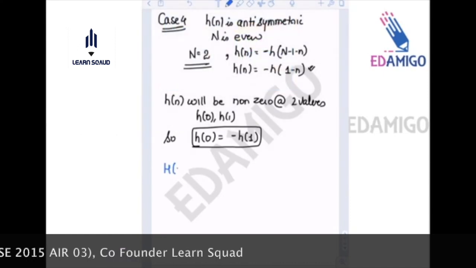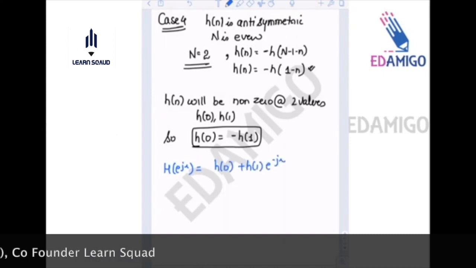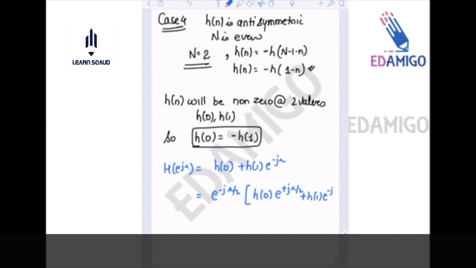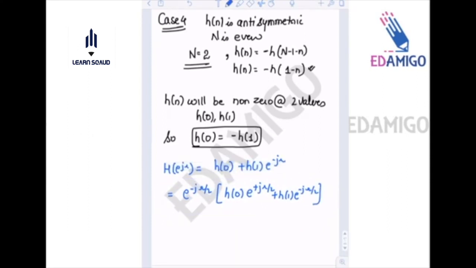Now if I write H(e^jσ), that will be equal to h0 plus h1 e^(-jσ). Now taking e^(-jσ/2) common, I will get h0 e^(+jσ/2) plus h1 e^(-jσ/2).